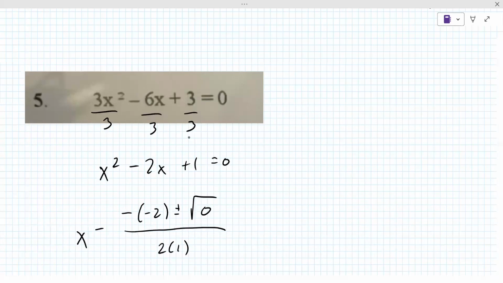What does your answer become in this case? It becomes 1. Yes, 2 over 2, which is 1.